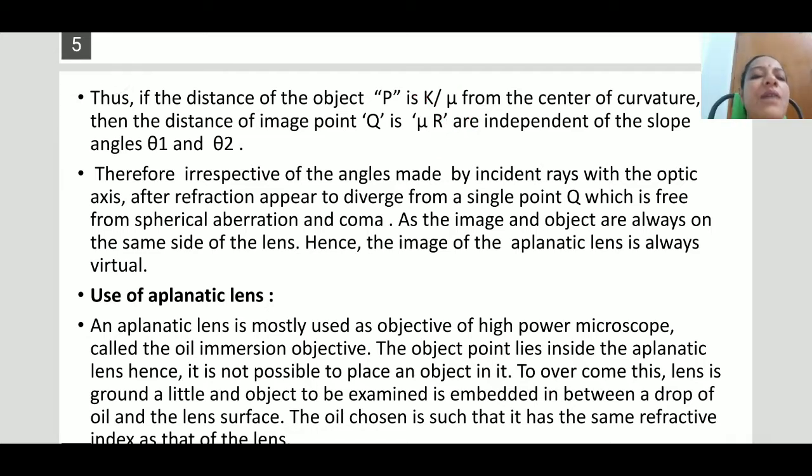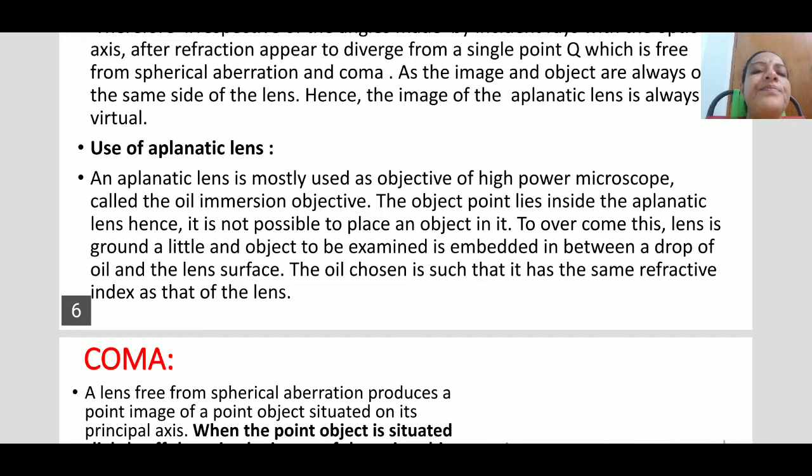Next, after understanding that, what is the use of this aplanatic lens? How do we prepare this aplanatic lens? An aplanatic lens is mostly used as the objective of high power microscopes, called the oil immersion objective. Because the object is to be placed inside the aplanatic lens, it is not possible to place the object in it.